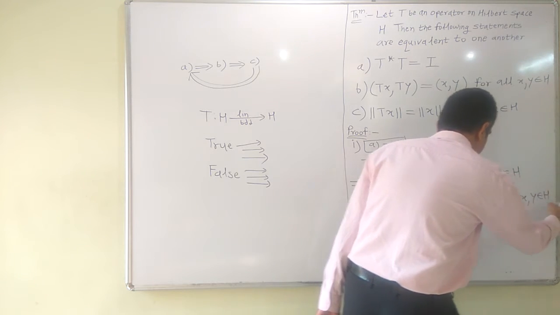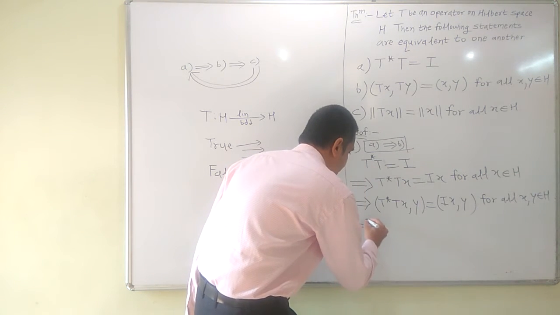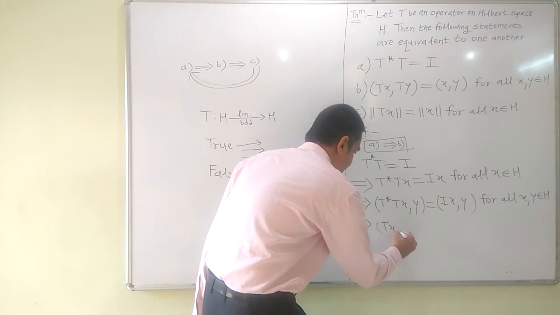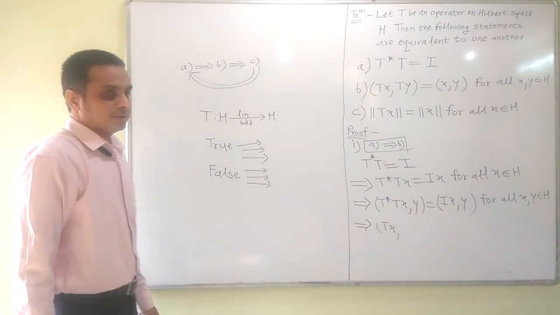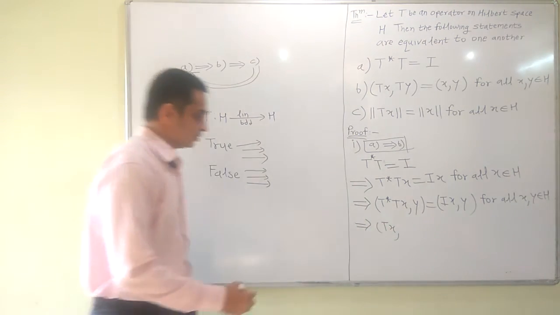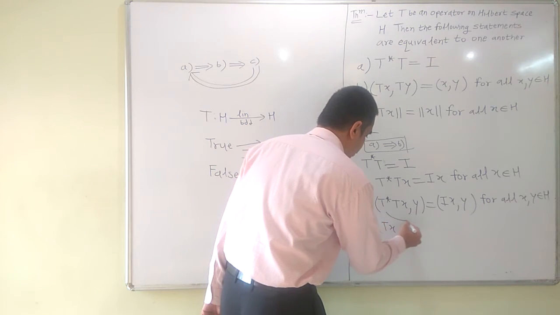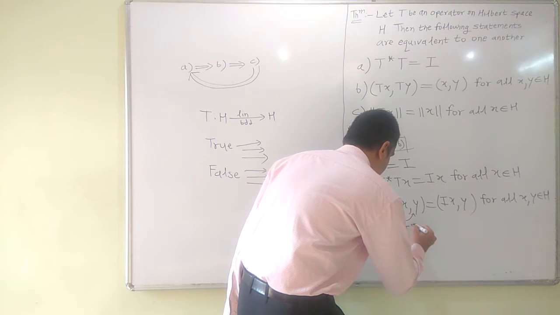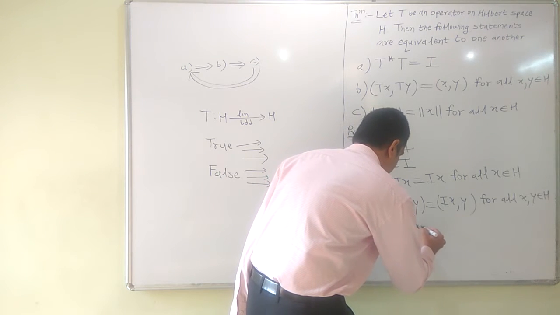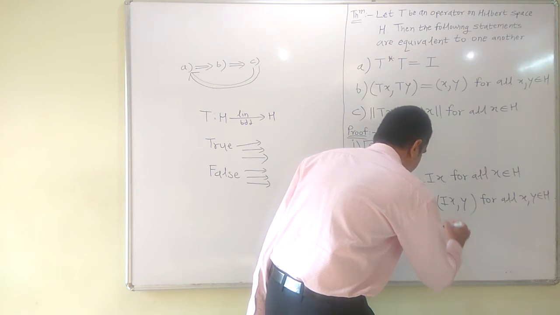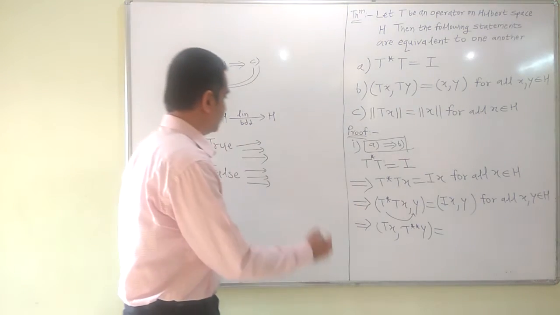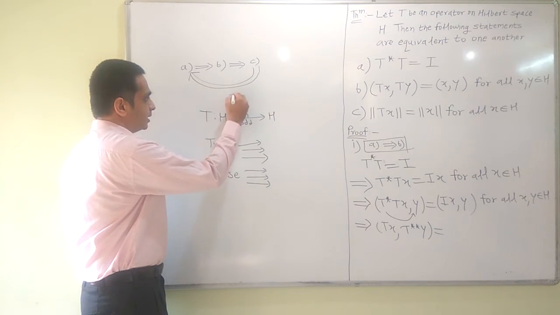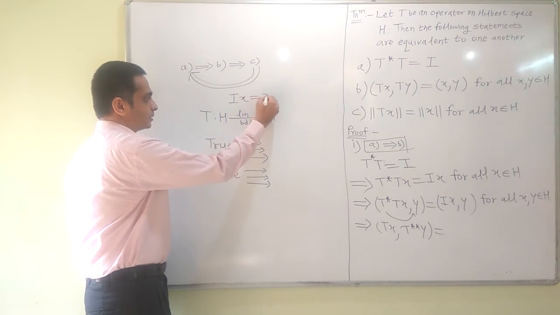This implies that inner product of Tx, we are using the defining property of adjoint operator, so this is nothing but T star star y is equal to, and this is identity operator. So identity operator means Ix is equal to x.